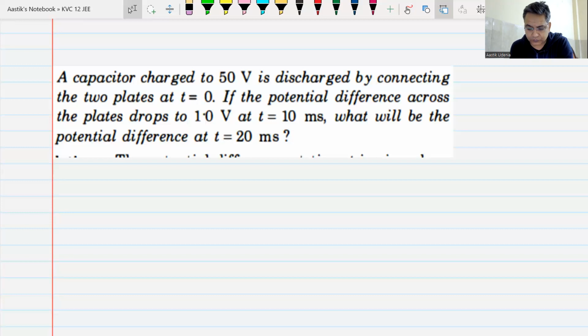Capacitors with initial charge. So is the capacitor discharging or is the capacitor charging? Charging, sir. Capacitor discharging, sir. So what is this 50 volt given as?